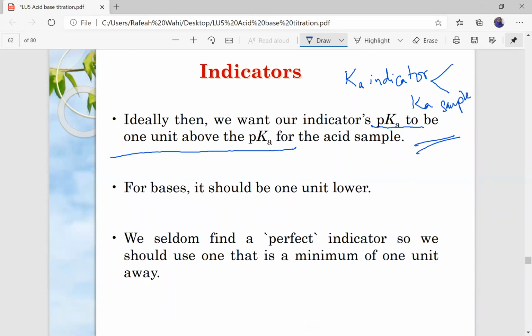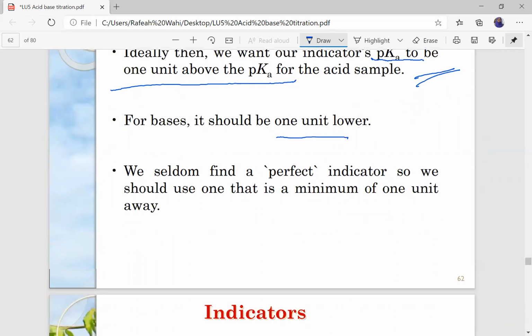Remember this? Okay, because we don't want an indicator with high Ka to interfere with the endpoint visualization. Okay, for bases, it should be 1 unit lower, and we seldom find a perfect indicator, so we should use one that is a minimum of 1 unit away.